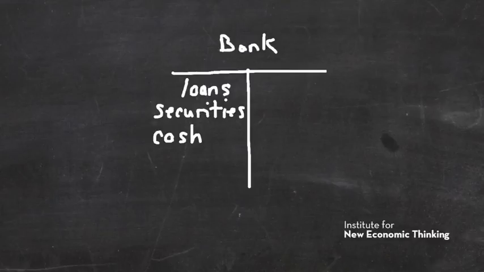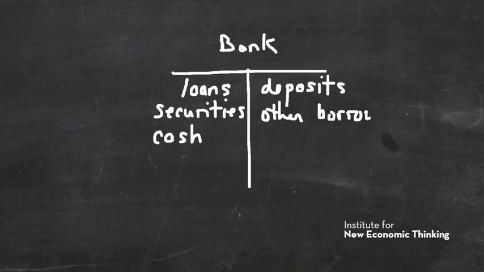And on the liability side, you can think of this bank as having deposit accounts, and I'm going to put in other borrowing because they might be issuing bonds or other kinds of short-term money market borrowing. In fact, that's going to be a very big part of this course, is understanding other borrowing. And then a balancing item here, net worth.